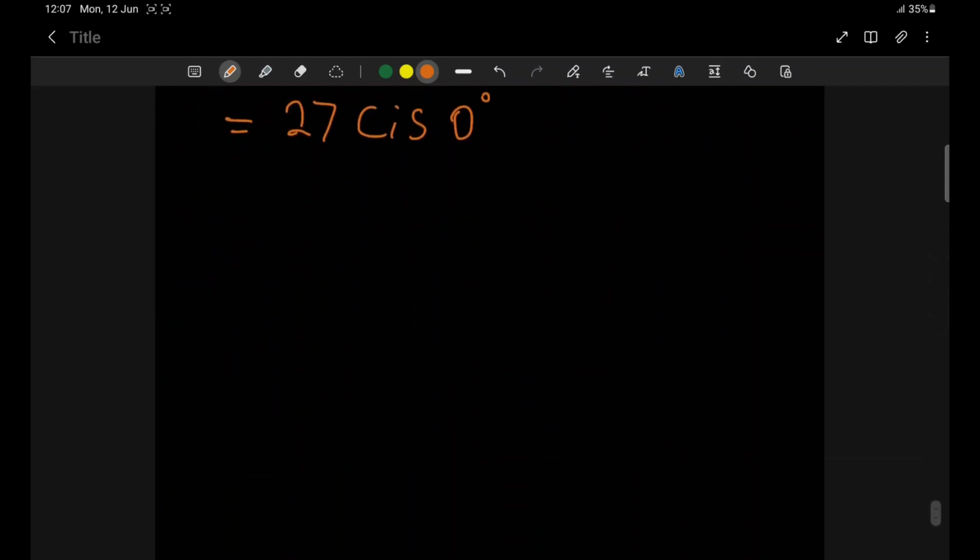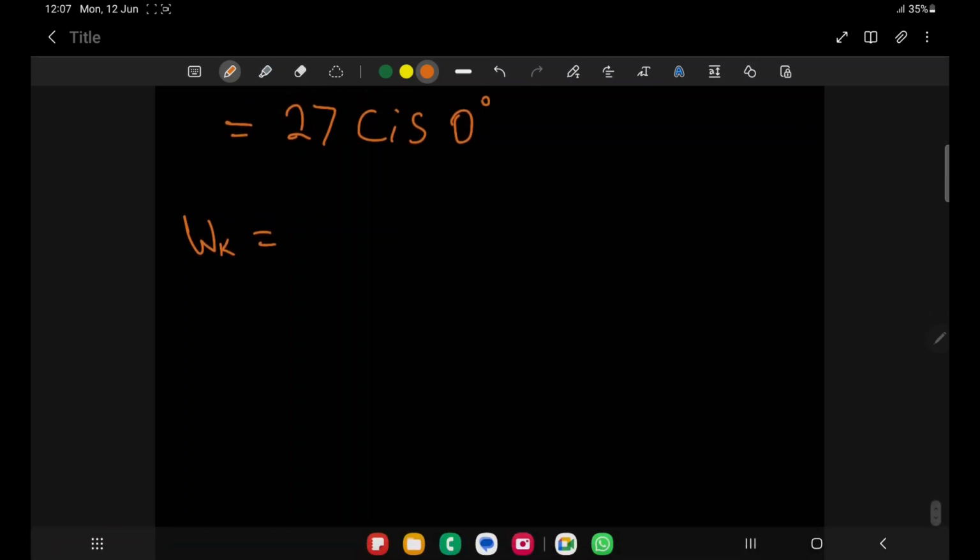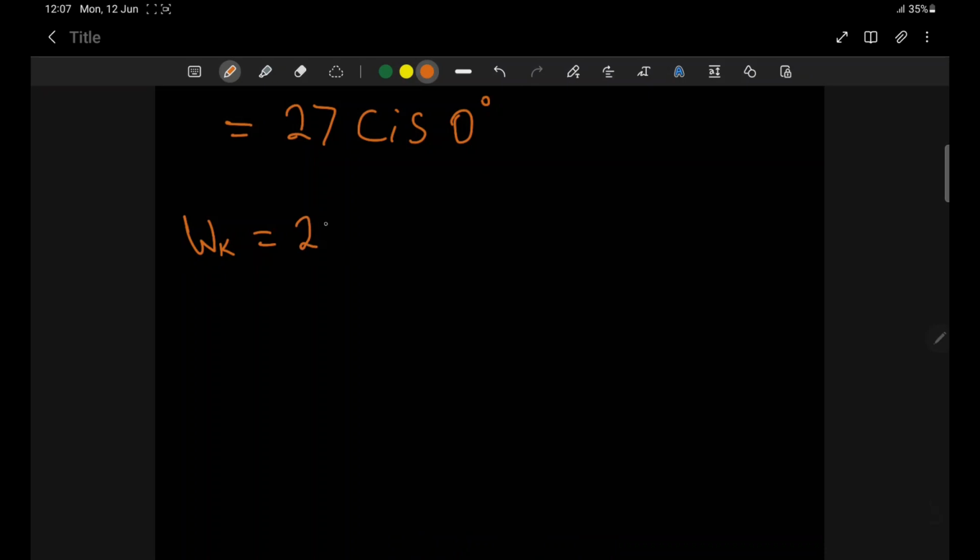In this case, r is 27. Then the n in this case, since we're talking about the cube root, we're having 1 over 3 here. n is 3.